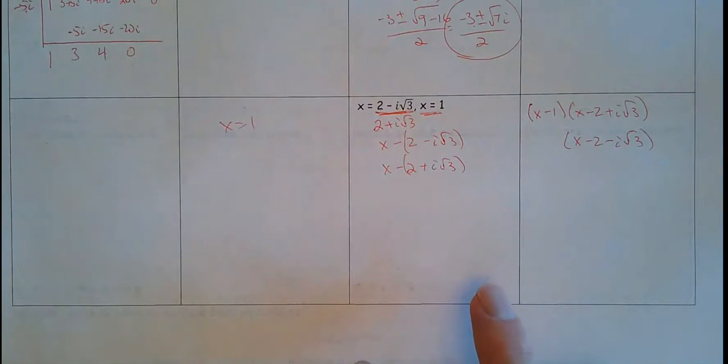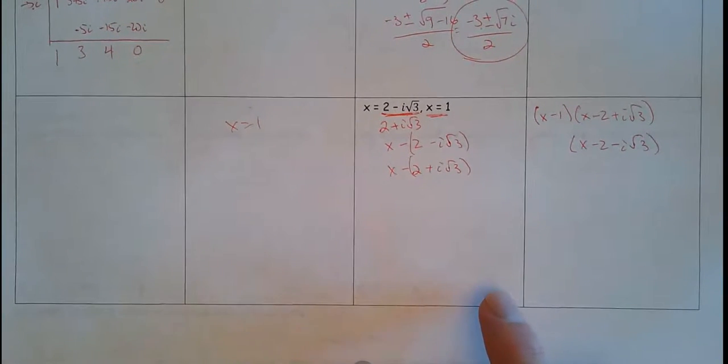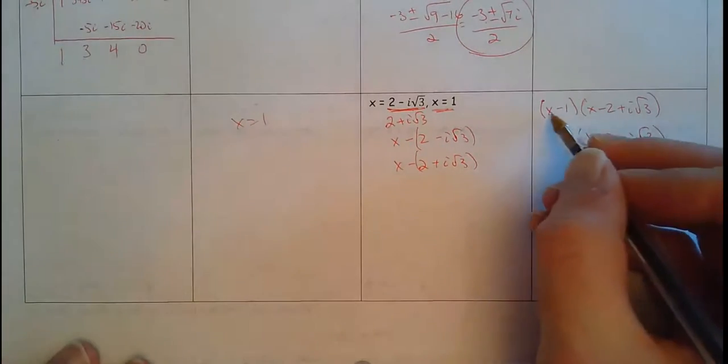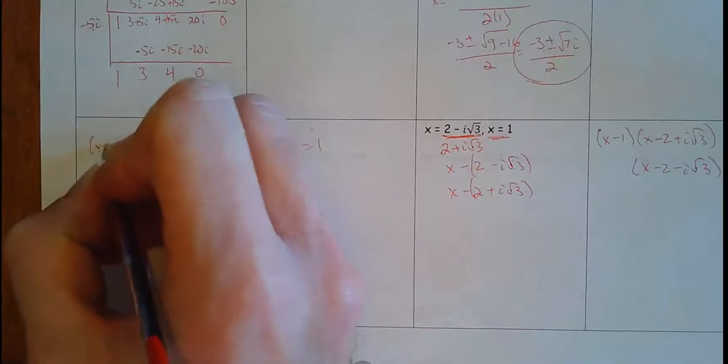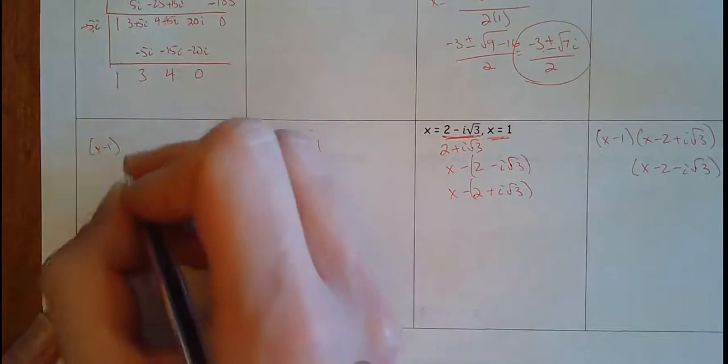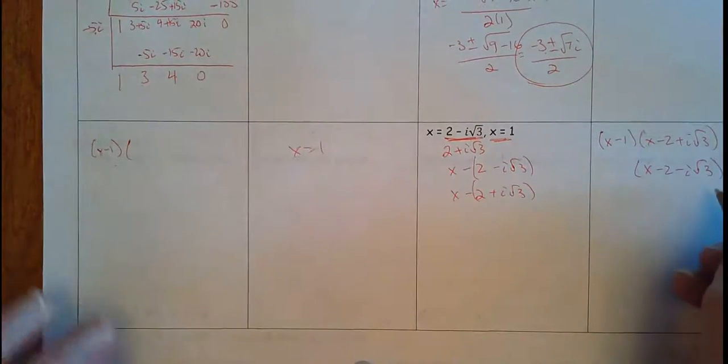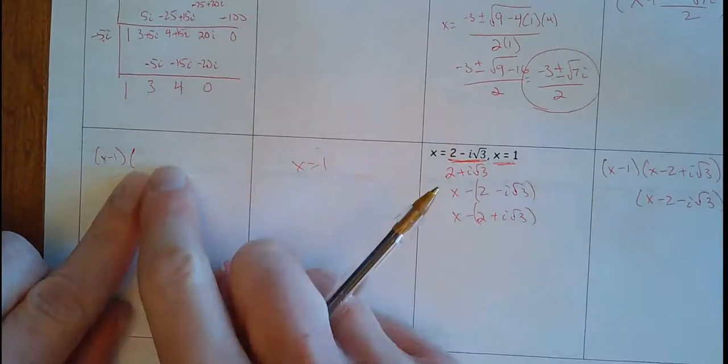My last thing now is, is there a way to write this factored form over the real numbers? So this guy here, this x minus 1 is good. I just want to multiply this by whatever these two multiply together equals. So maybe I'll just multiply this and write the answer over here.